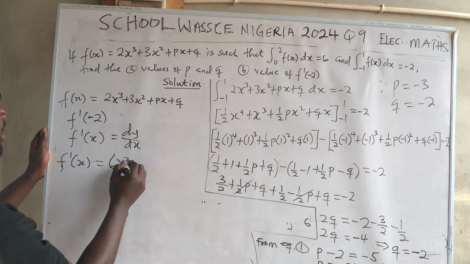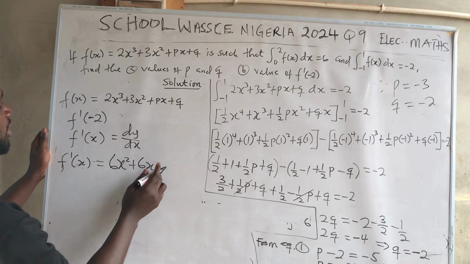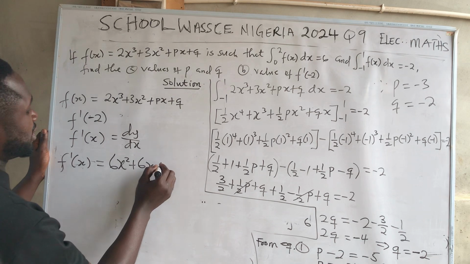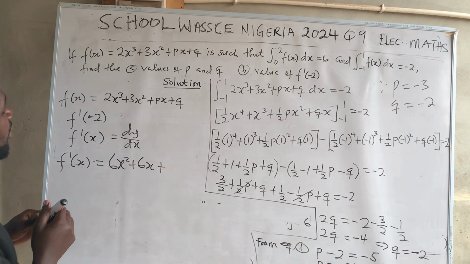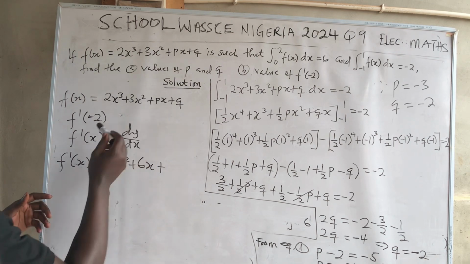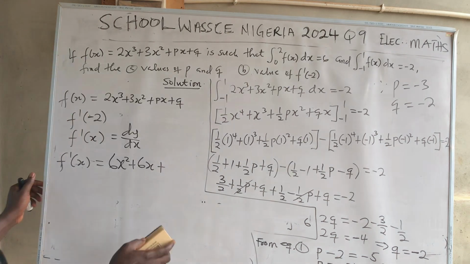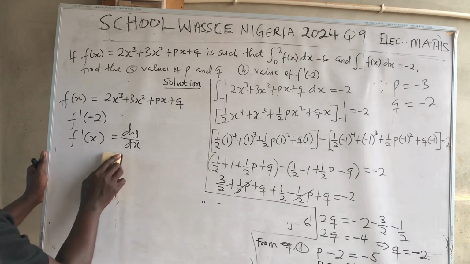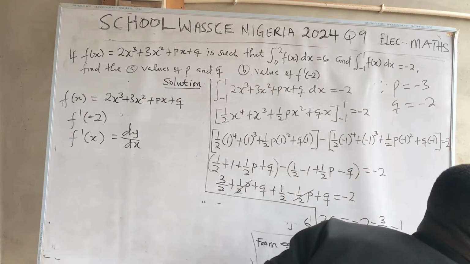So 6x squared plus 2 times 3 is 6, 2 minus 1 is 1. Before that, I think we have to do substitution. We have to substitute the values of P and Q into the function so that we can solve. Yes, we have to do substitution before. So now let's do a substitution.